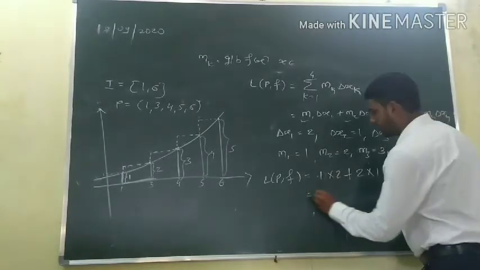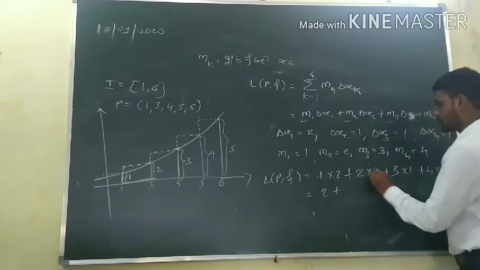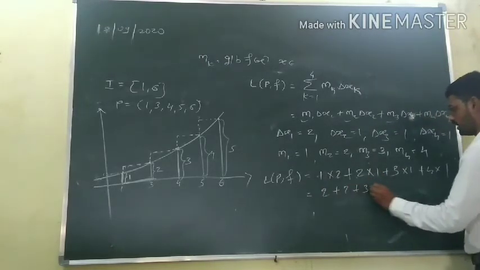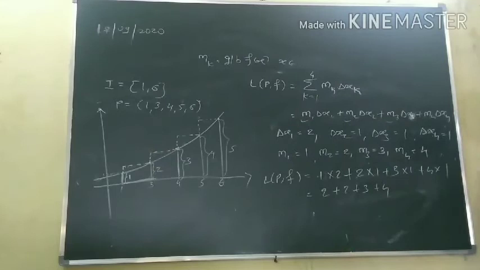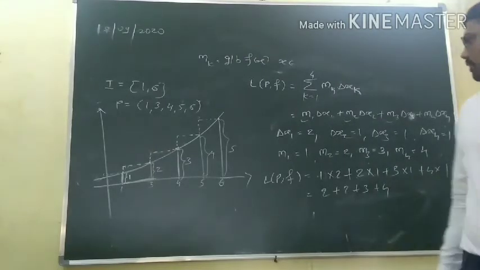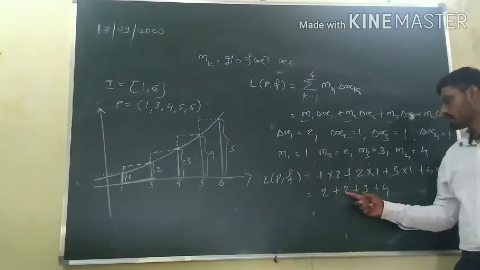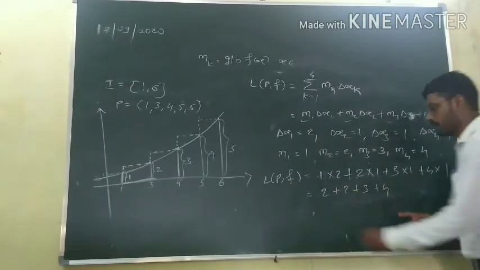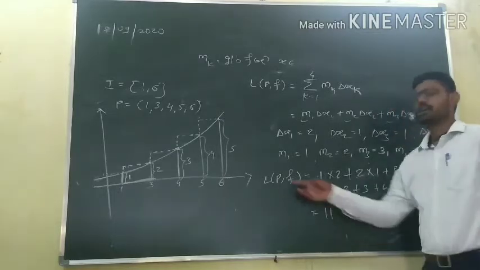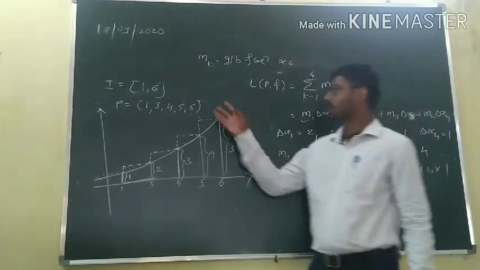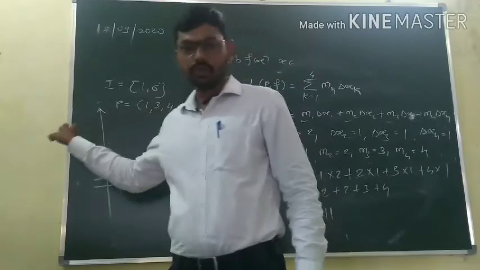Now this sum becomes 1 into 2, 2, plus 2 into 1, 2, plus 3 into 1, 3, plus 4. So the sum becomes 2 plus 2 is 4, plus 3 is 7, plus 4 is 11.